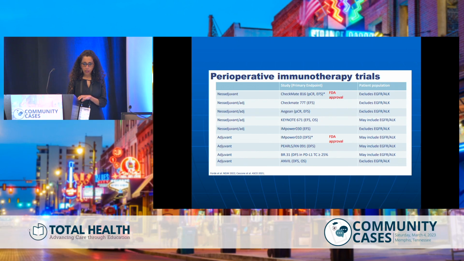Now there are 3 FDA approvals. I didn't add the third one here, but there are 3 approvals. One is nivolumab in the neoadjuvant space with the Checkmate 816. We'll talk about that. Then we have the Empower 010 in the adjuvant space, and then we also have the Keynote 091 in the adjuvant space, all of which have led to FDA approval of these regimens in the neoadjuvant and adjuvant arenas.